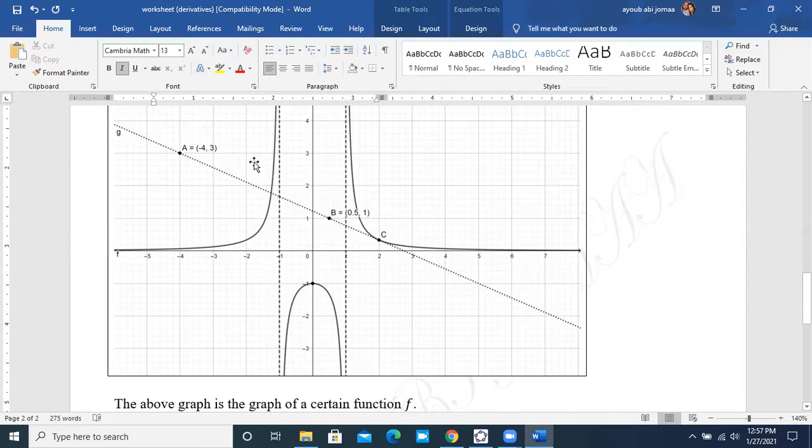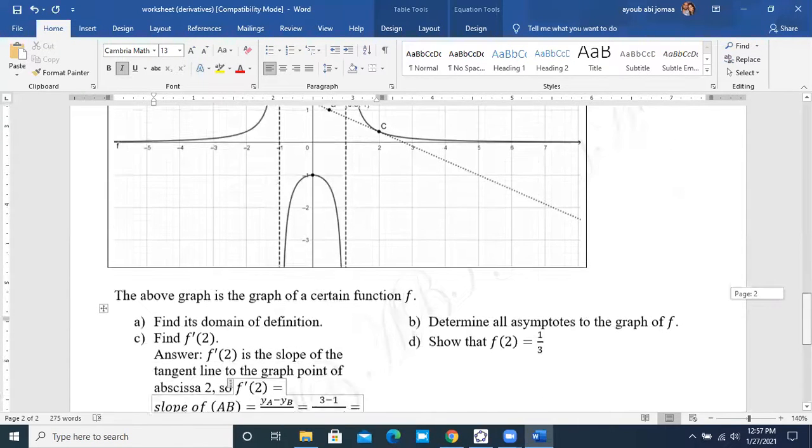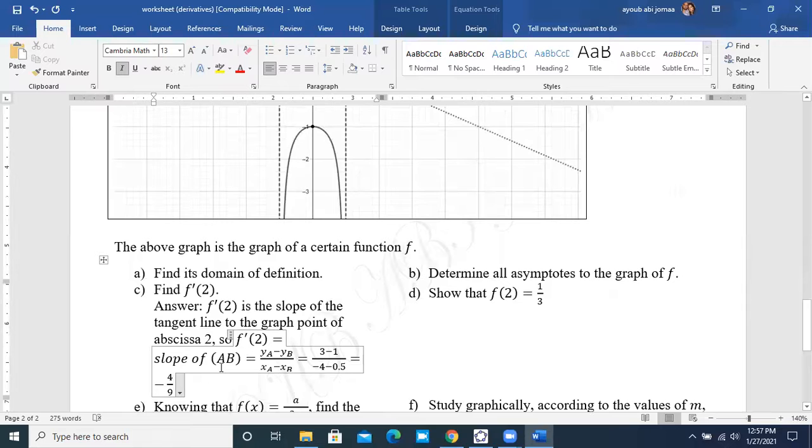So it is 3 minus 1 over negative 4 minus 0.5. So f prime of 2 is the slope of line AB, which is equal to ya minus yb over xa minus xb. Replace the values, you get negative 4 over 9. Sorry. Okay? Clear? Yes, clear.